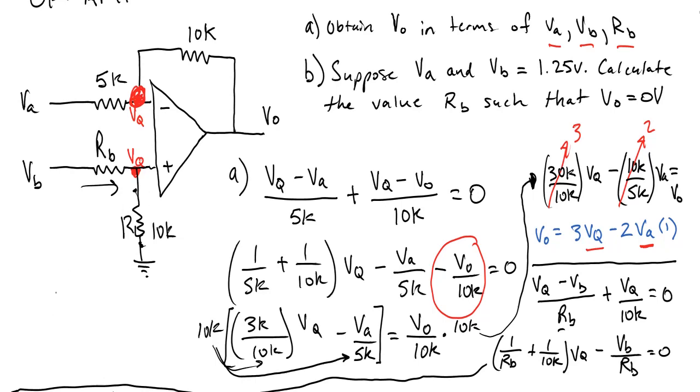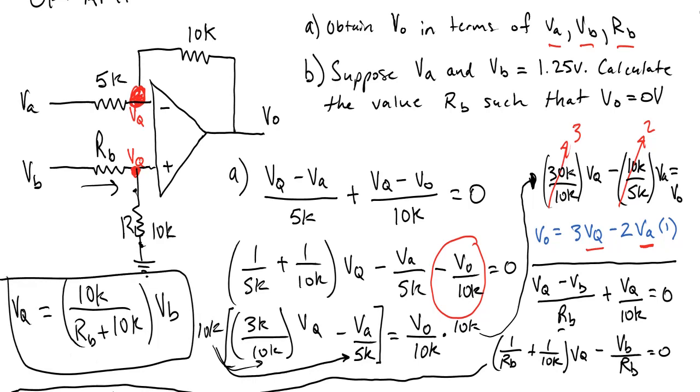So we can write our voltage division equation as VQ, the output voltage, is equal to the load resistor 10K divided by the series resistor RB plus 10K, the load resistor, all multiplied by the input voltage, VB. And we can see here that this VQ is the same VQ that we got before. That took a lot more math to get to.